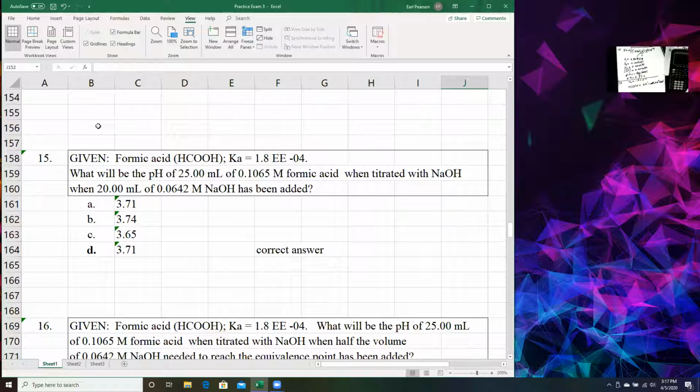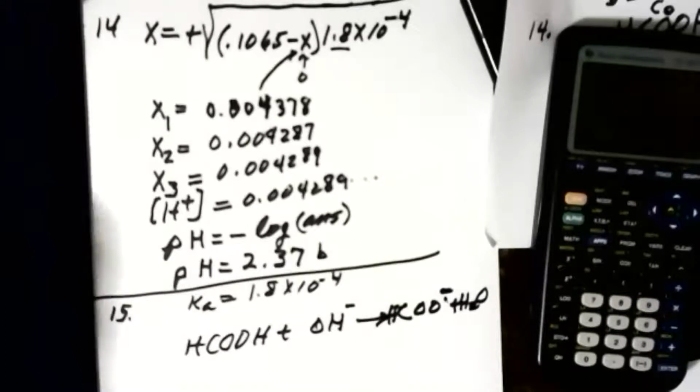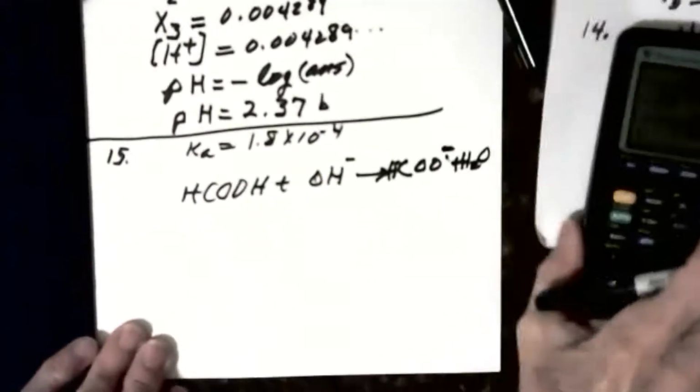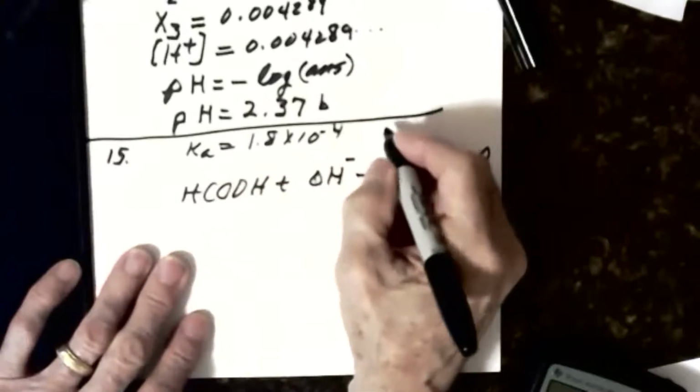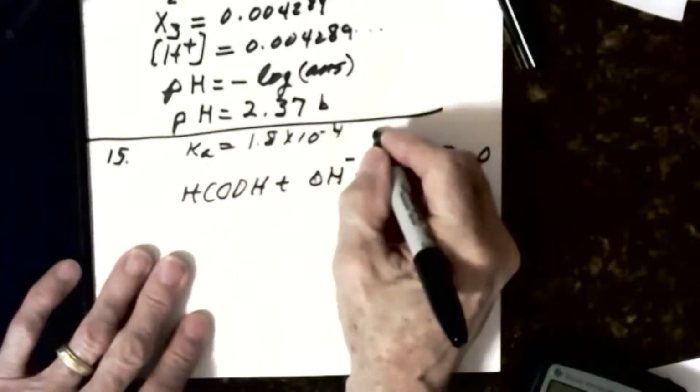Okay, let's give you a little better view of my screen over here, and get all this stuff out of our way. Now, we're going to add some acid and base. So here's what we're doing. We wanted 25 milliliters.